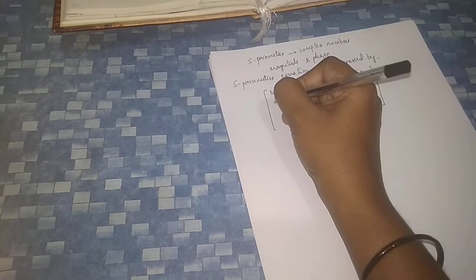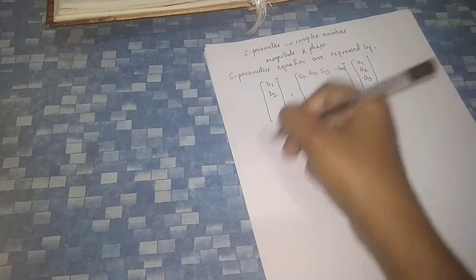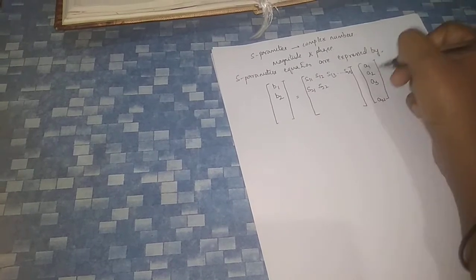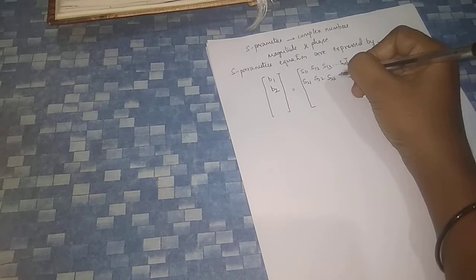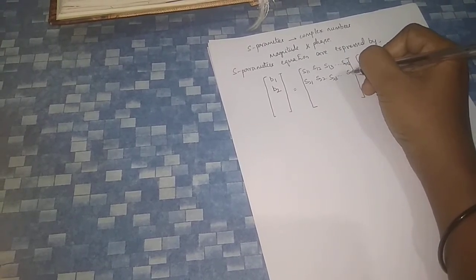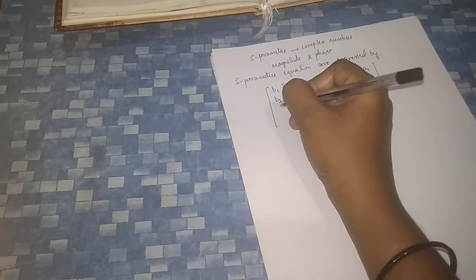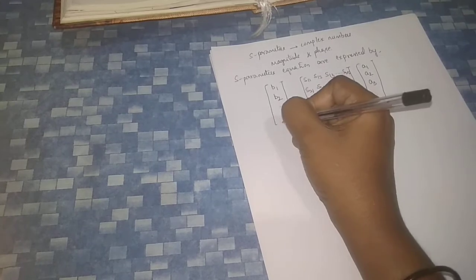Okay, same way you can write B2 is equal to S21 into A1 plus S22 into A2, S23 into A3. It goes on up to S2n multiplied by An. So this you can extend up to n ports.